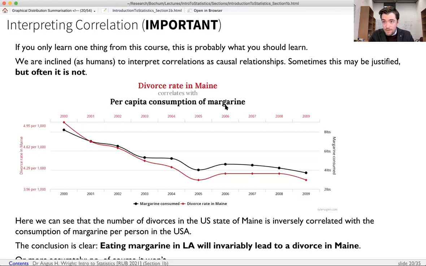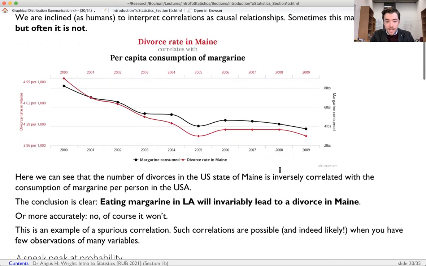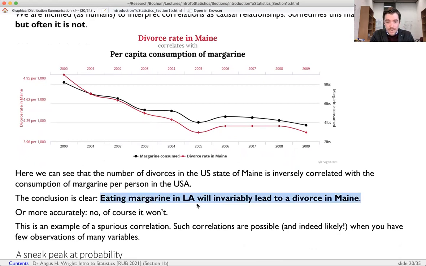It's about 80%, 90%. Now, if we were to read this, then one might say that therefore eating more margarine in the United States will invariably lead people to have more divorces in Maine. Now, obviously, that's complete nonsense, right? This is a totally spurious correlation.